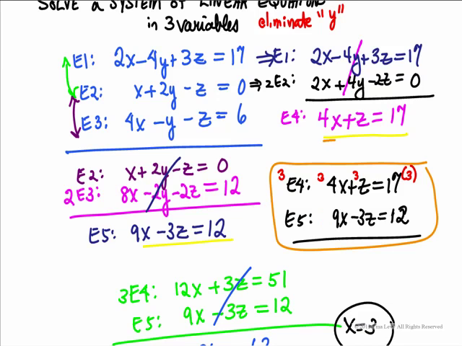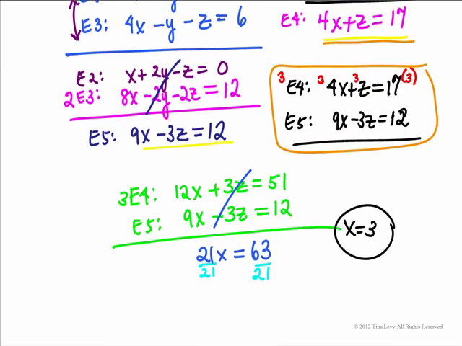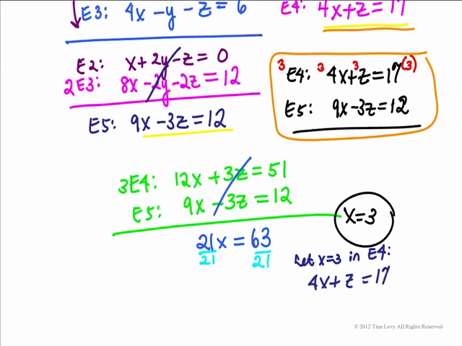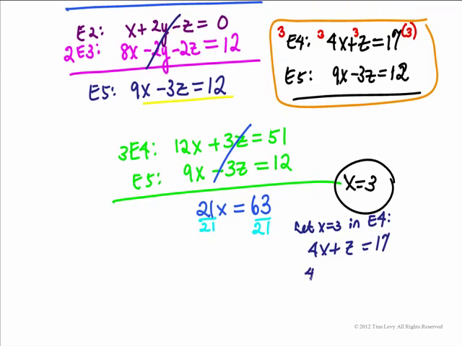If I let x equal 3 in equation 4, I get 4x plus z is 17. So substituting in 3, I get 4 times 3 plus z is 17. 12 plus z is 17. Subtracting 12 from both sides, I get that z is 5.